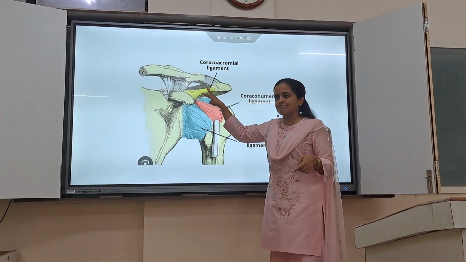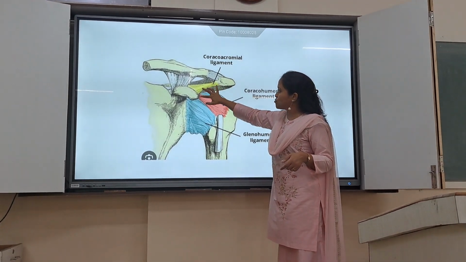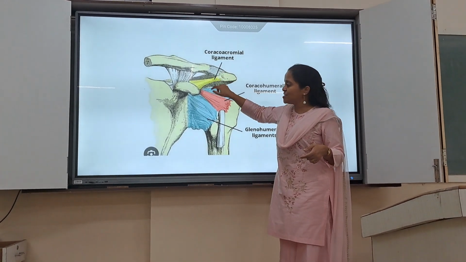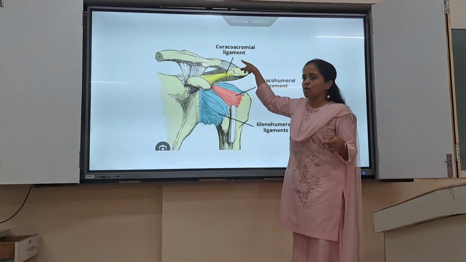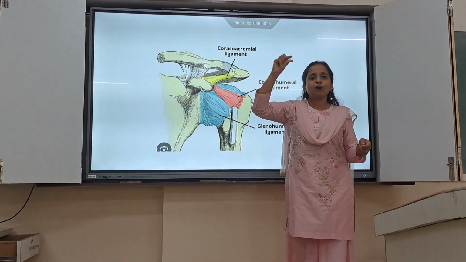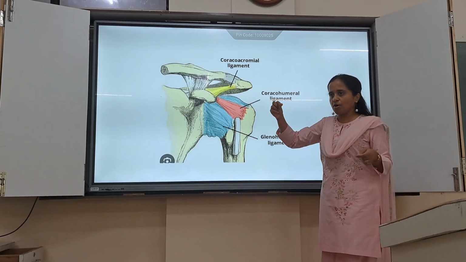We have seen the coracoacromial arch, and these are the two bony parts which form this arch. There is one more important ligament, the coracoacromial ligament, which connects the coracoid process with the acromion process.